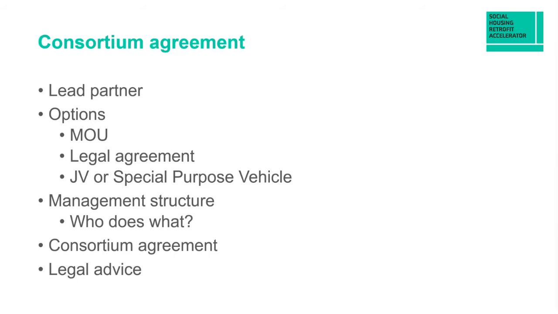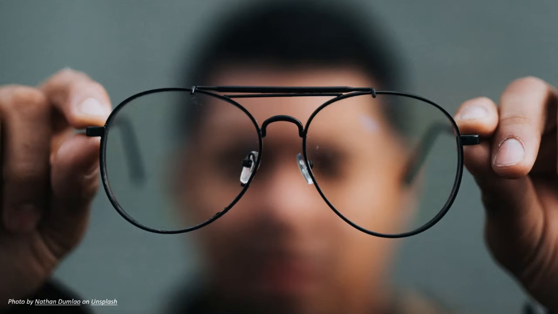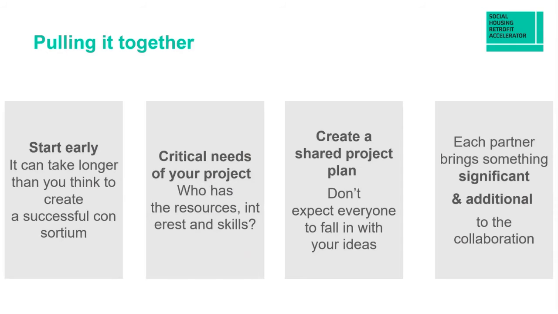And what the consortium agreement does is make sure that everybody is clear about the roles and responsibilities, what they are committing to, how decisions get made, what information needs to flow, all of that stuff, which is so helpful to a successful project.